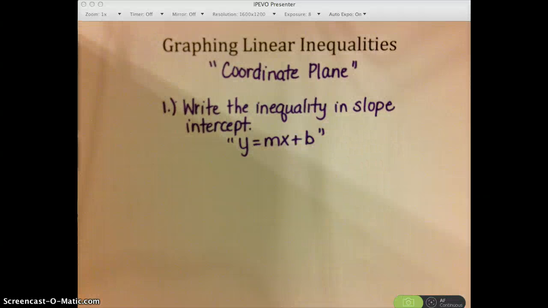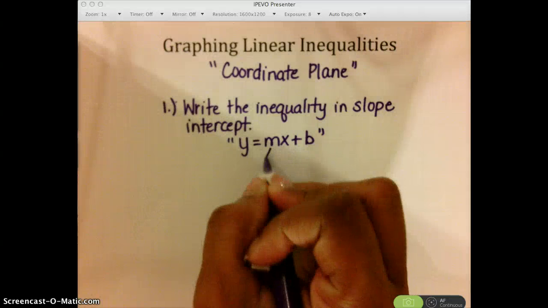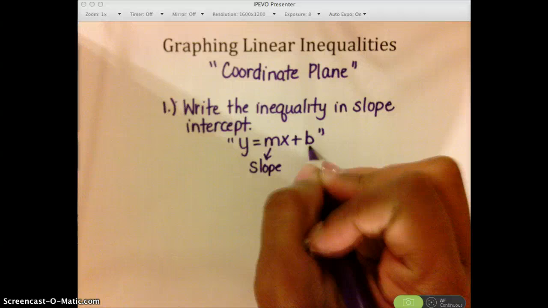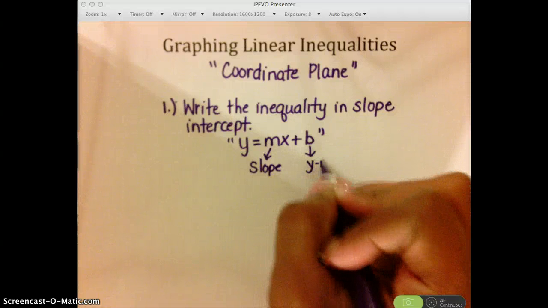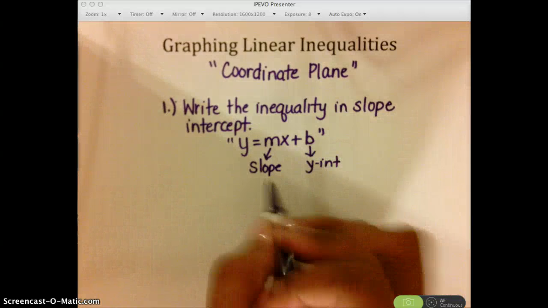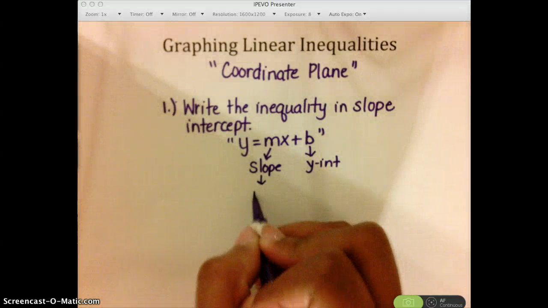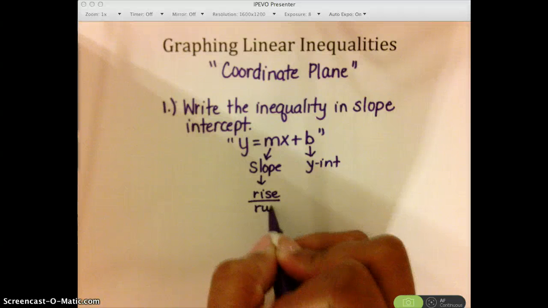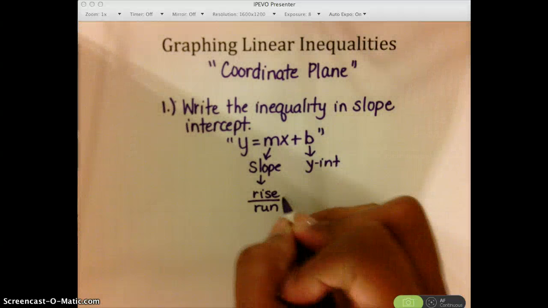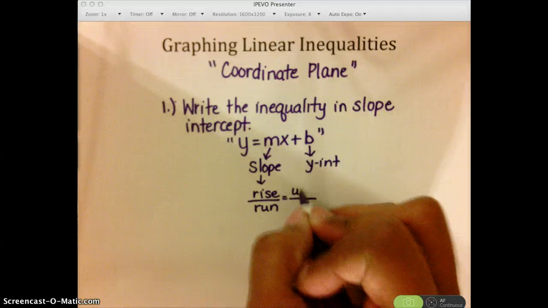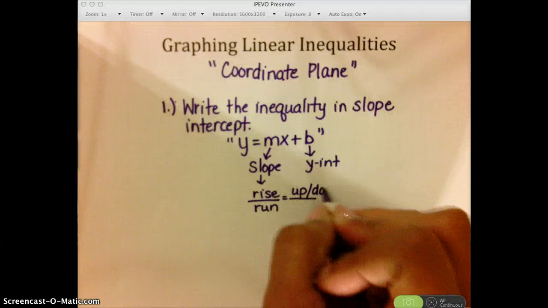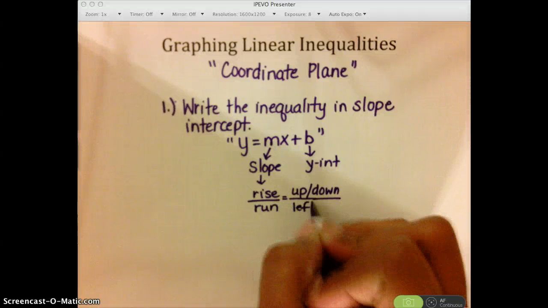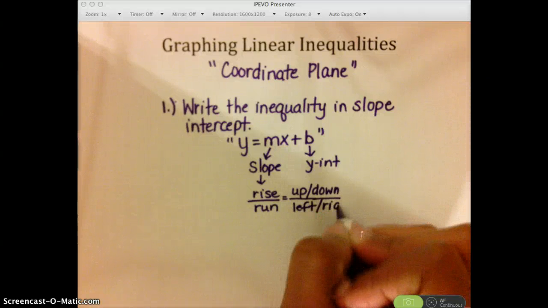That's the form we want. And remember that m is your slope and b is your y-intercept. You can also recall that we've defined slope as being rise over run. This top number tells us whether we're going to go up or down. The bottom number tells us whether we're going to go left or right.